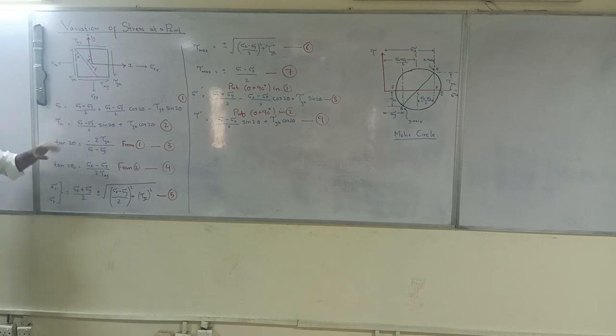When I say maximize, that means differentiating it with respect to theta and equating that to 0. So these two planes are perpendicular to each other. So that is an important consideration. So that's all we can take from this.